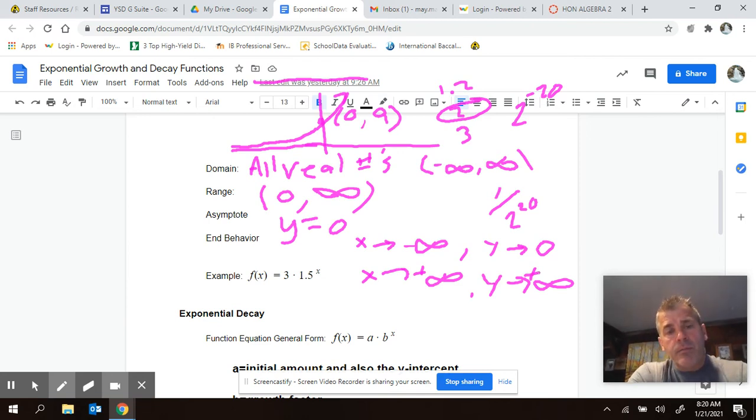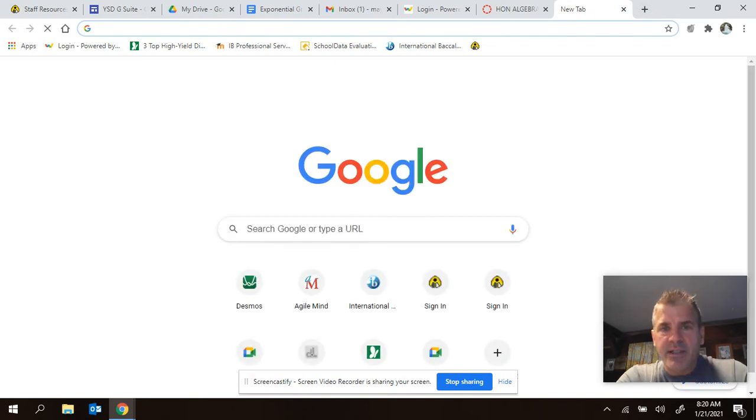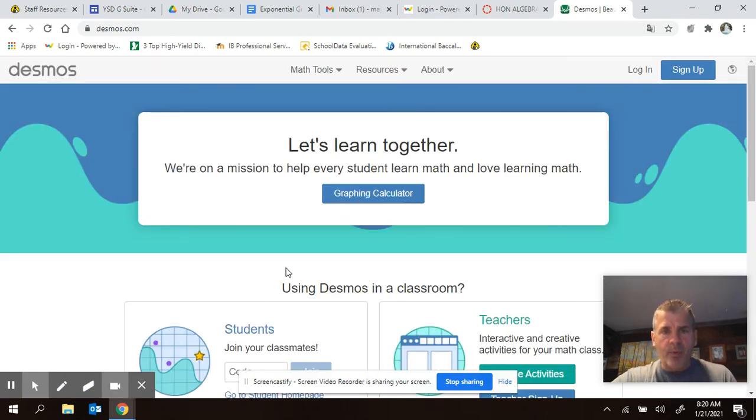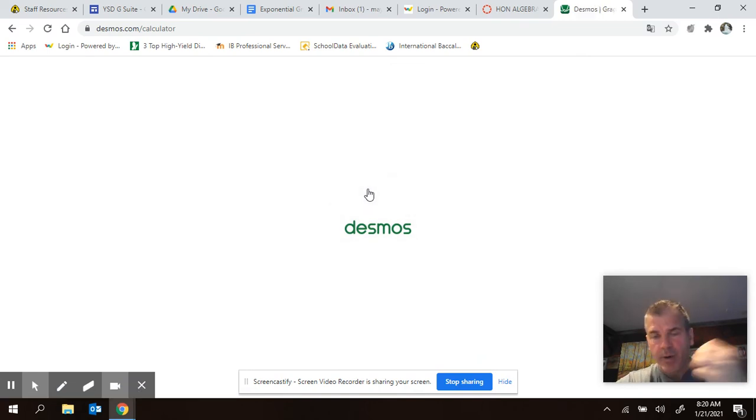I would encourage you to look at the example that I've given you here. Look on Desmos. We'll go ahead and pull it up right now. If we get into Desmos, and that's 3 times 1.5 to the x, Desmos will confirm for us an example of what we just looked at. 1.5 being our growth factor, that's greater than 1.